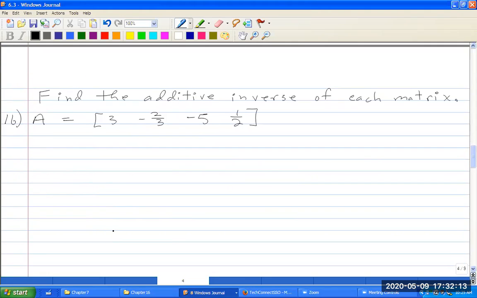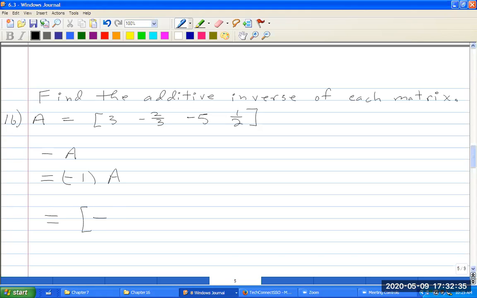Find the additive inverse of each matrix. Well, it will just be negative 1 times the matrix. So let's multiply each entry in this matrix by negative 1.